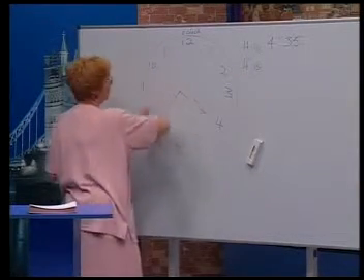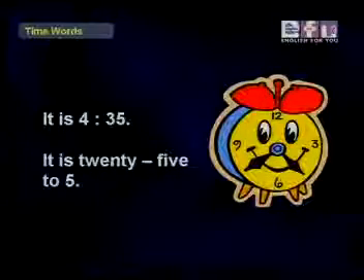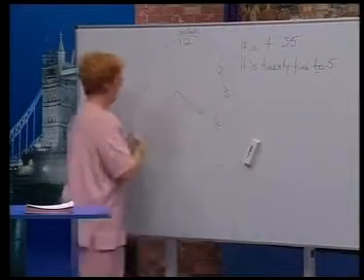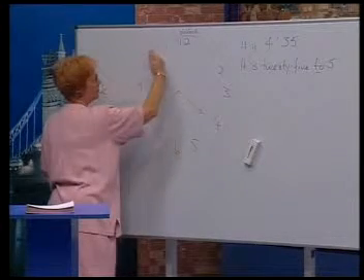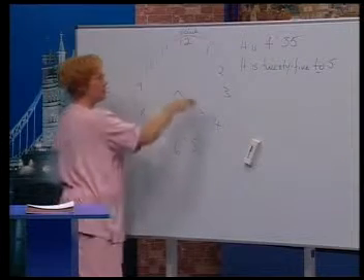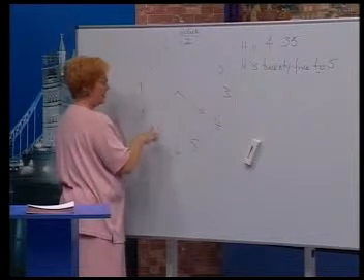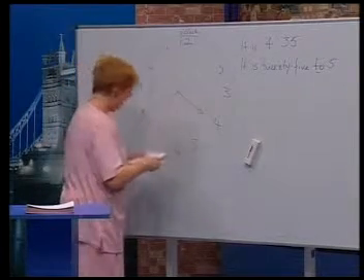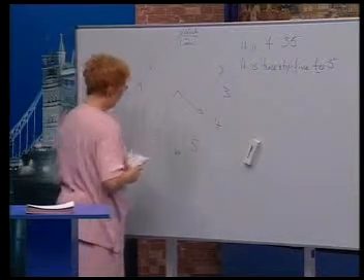Now, this one, we're going this way. It is 25 to 5. It is 25 to 5. All right? It is 4:35. It is 25 to 5. Okay? Okay, here's another one.